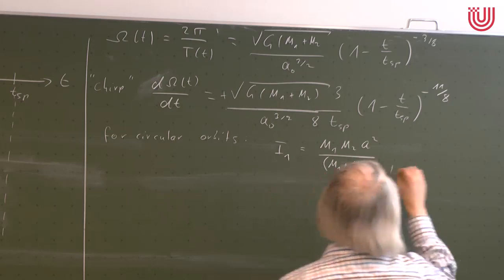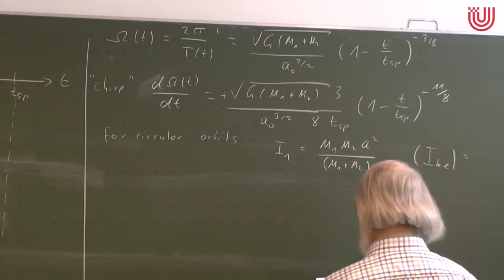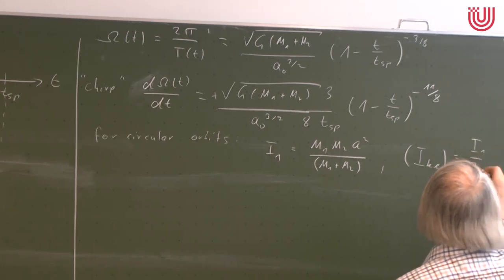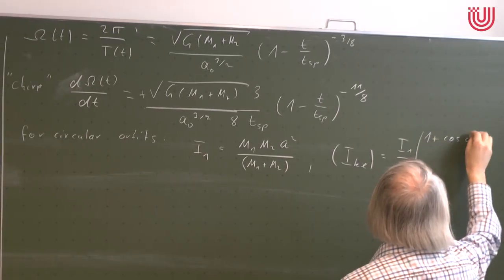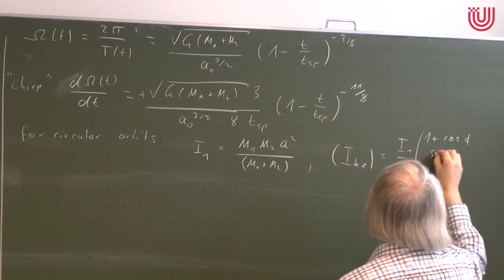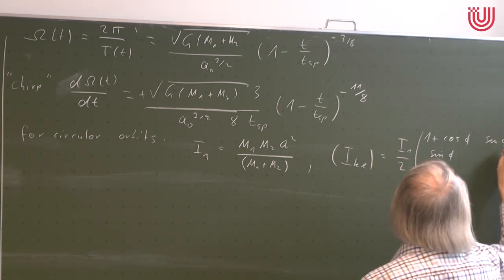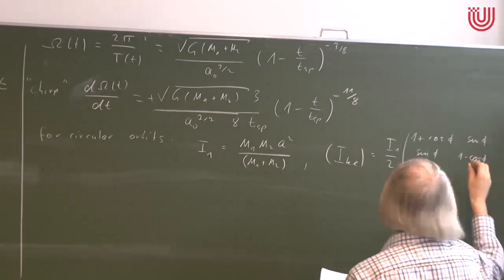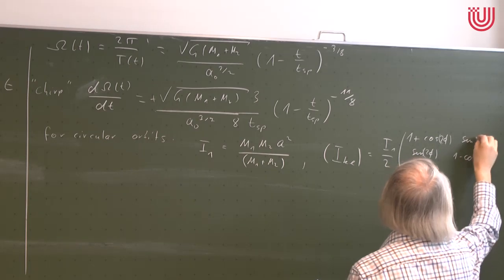And this means that the quadrupole tensor, written as a matrix, we had this expression on the board. It was I1/2 times: 1 plus cosine 2 phi, sine 2 phi, 0; sine 2 phi, 1 minus cosine 2 phi, 0; 0, 0, 0 in the remaining entries.